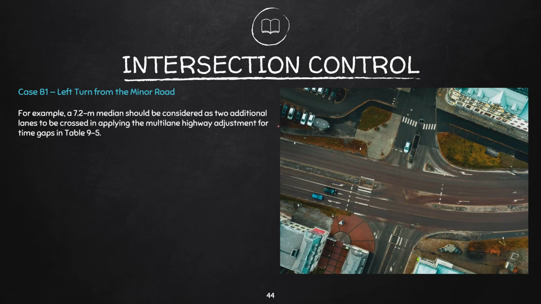Example, a 7.2 median should be considered as 2 additional lanes to be crossed in applying the multi-lane adjustment time gaps in table 9-5. Remember, we have our adjustment. We add 0.5 seconds for passenger cars for an additional 1 lane. So if the median, for example, in this portion is equal to 7.2 meters wide, then we will add an additional 2 lanes in our time gaps consideration.